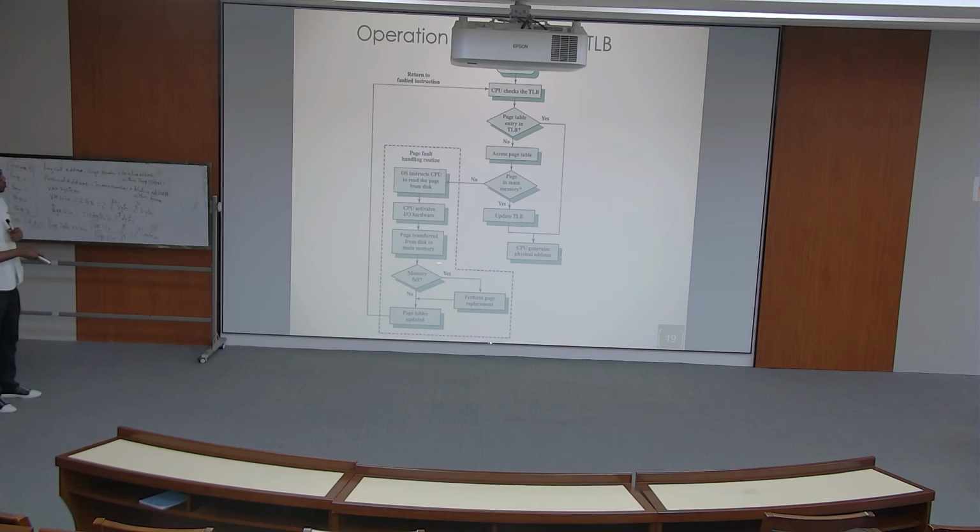We need to check the status of the random access memory, the main memory. Is it full or not? If the main memory is full, a page replacement policy needs to be applied to get free space for the page table entry. If the main memory is not full, we need the page table to be updated. Then that is the end of the operation of the paging as well as the translation look-aside buffer.